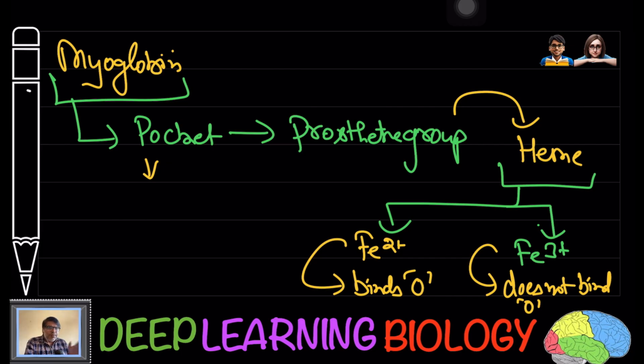So here the iron in one state has the capability to bind oxygen, and in another state it doesn't bind oxygen. So this way the myoglobin can store oxygen, and whenever the cell needs it during heavy muscular contraction, myoglobin can also release the oxygen.